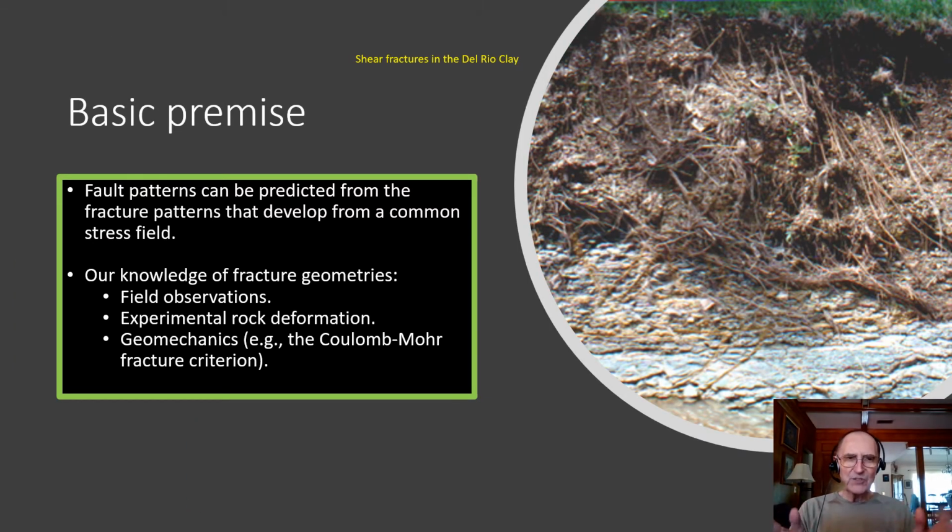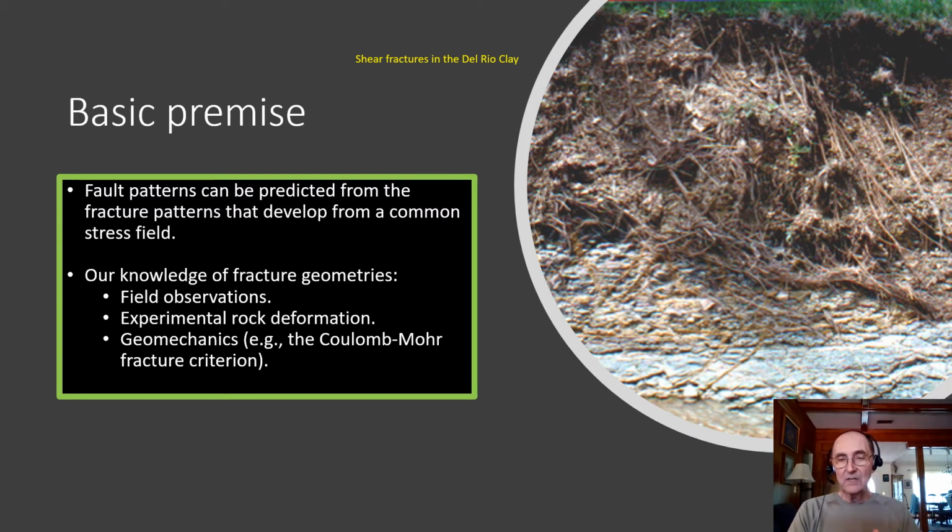A basic premise is that fault patterns can be predicted from the fracture patterns that develop from a common stress field. Now, our knowledge of fracture geometries comes from field observations, from experimental rock deformation, and from theoretical geomechanics.